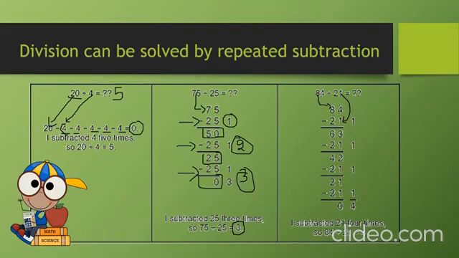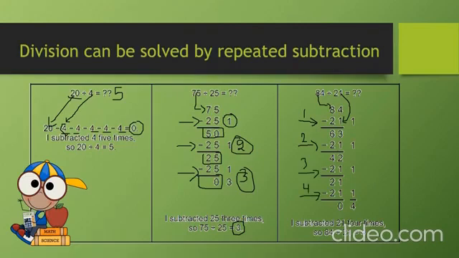So here we have the first subtraction operation. 63 minus 21 equals 42. Here we have the second one, 1 and 2. 42 minus 21, 21. And the third operation, 21 minus 21 equals 0.